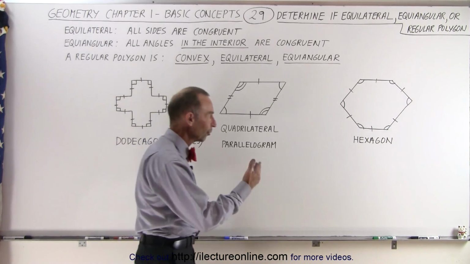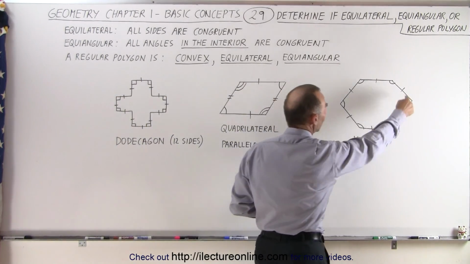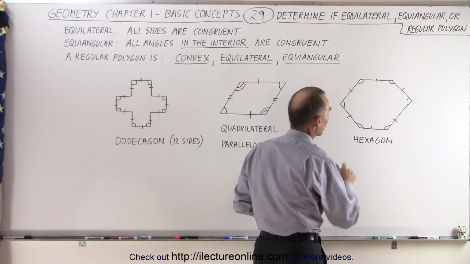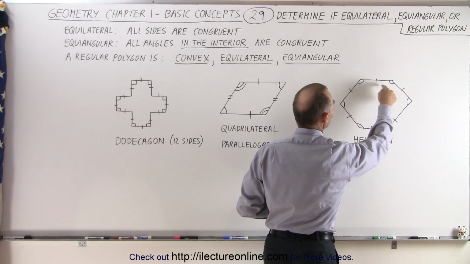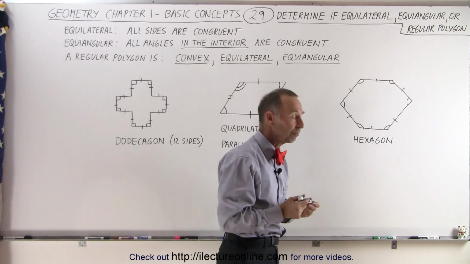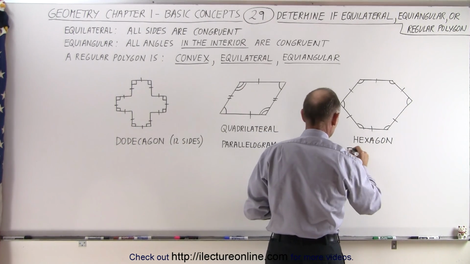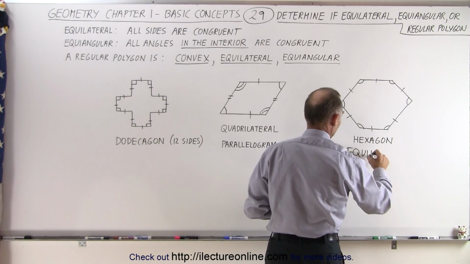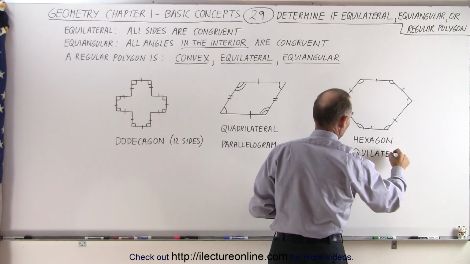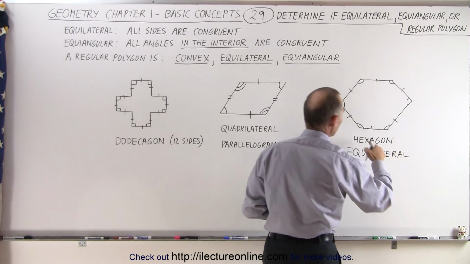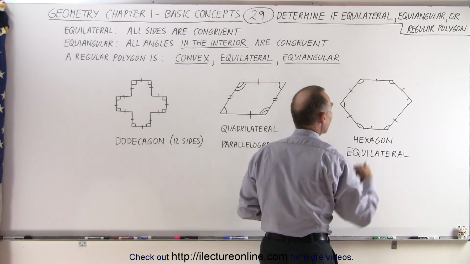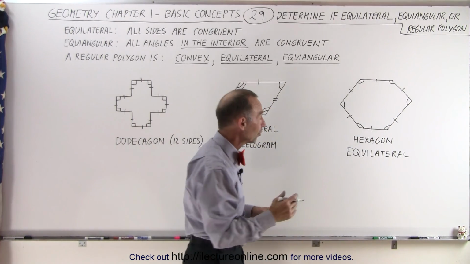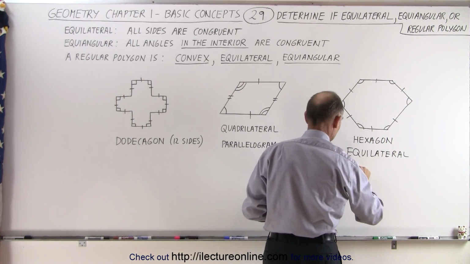So we take a look at this first one. This one has 6 sides, so it's called a hexagon. Notice that each side has the same tick mark, which means that this is definitely equilateral. And also when we look at the symbols on the angles, they all have the same symbols, so this is also equiangular.